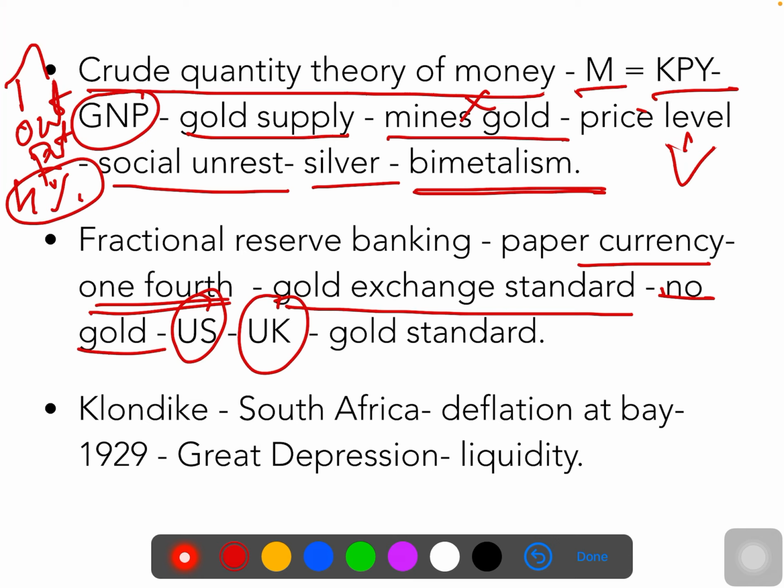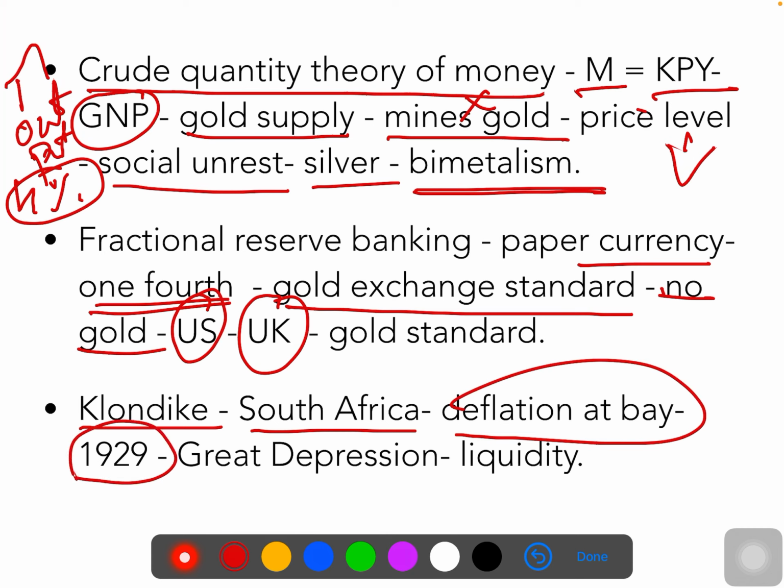All these, and the discoveries of gold in Klondike and South Africa, helped keep deflation at bay till 1929. Then in 1929, some economic historians attribute the Great Depression to this shortage of liquidity. The Great Depression started, and we started facing a shortage of liquidity in the economy.